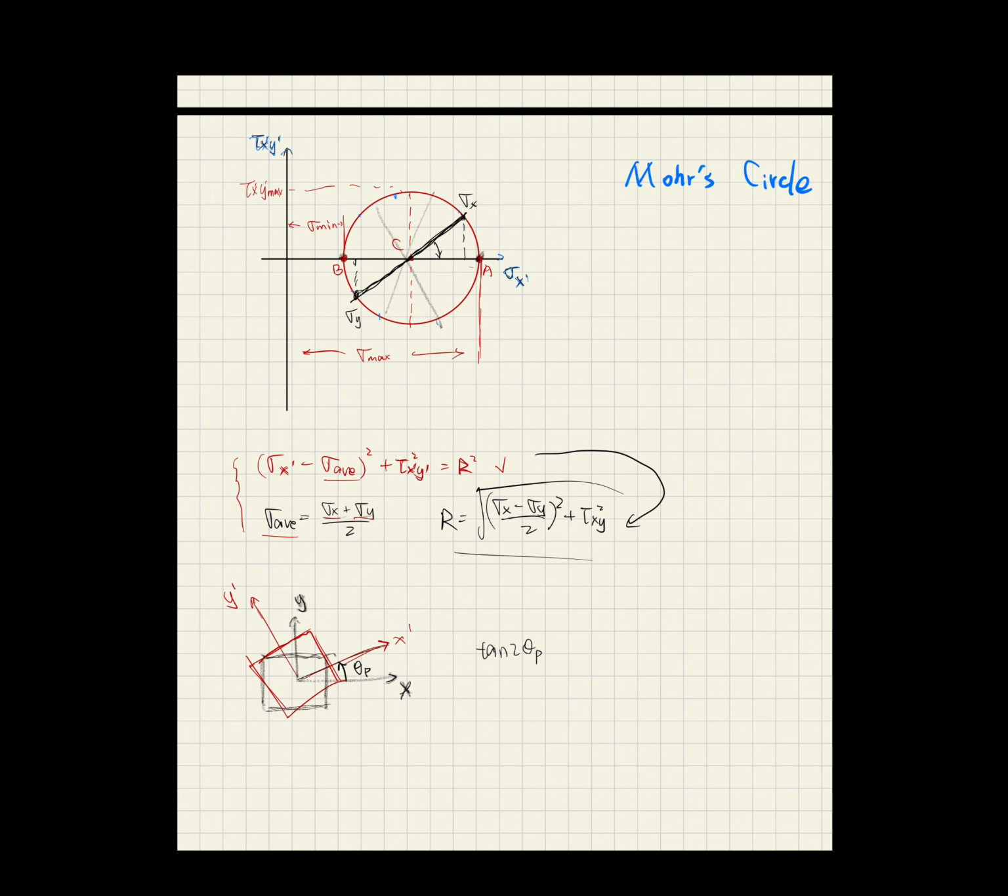When we're rotating on the Mohr circle, an important thing to remember is that if we rotate by 2 theta on the Mohr circle, on the actual graph it only rotates by theta. For example, in red, this is the original direction, and we rotate it by theta.